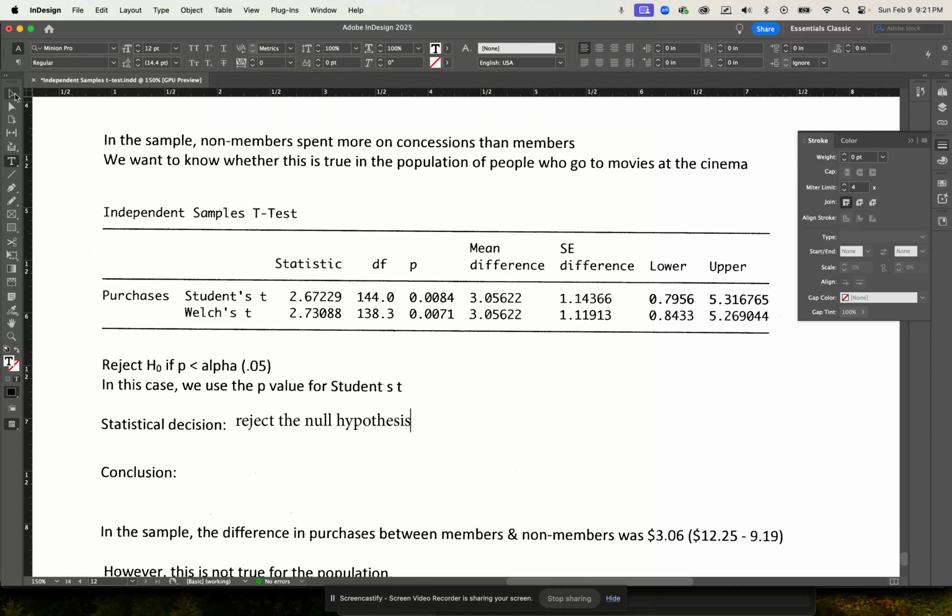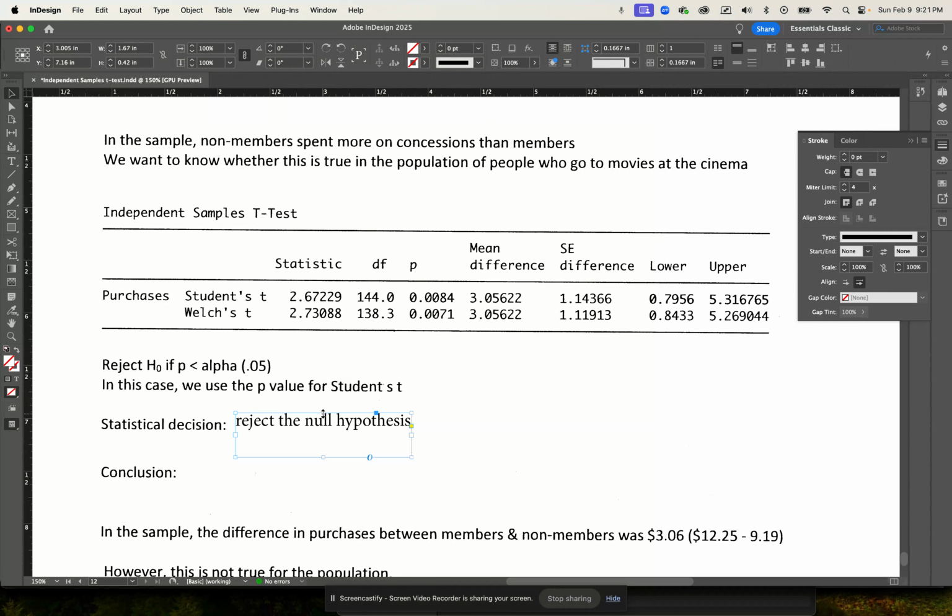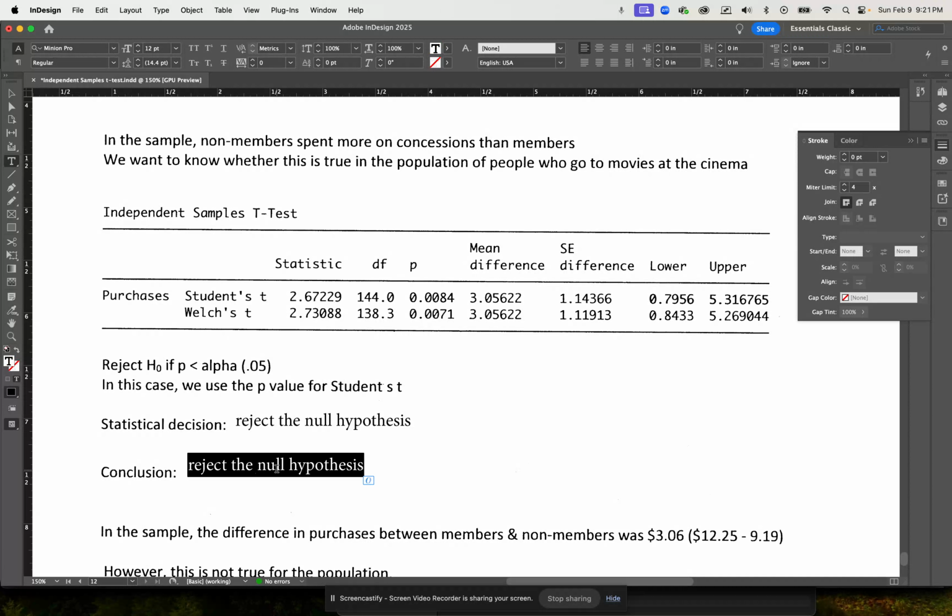Our conclusion that we're going to share with our manager is, whoops, let's try that again. There is a difference, or actually this is not, sorry, I got ahead. This is just our statistical analysis still.